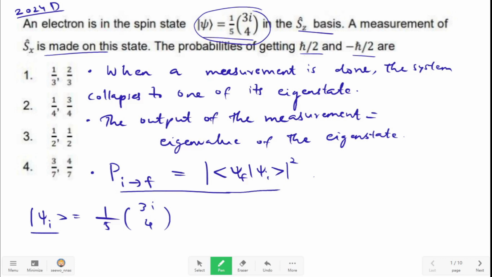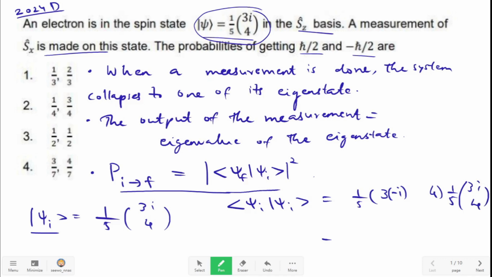So let's see if psi i is normalized or not. To check if a state is normalized, we take the inner product of it with itself. When we write bra psi i, we write it as a row vector: 1 by 5 times (3, minus i 4), replacing i by minus i, times 1 by 5 times (3, i4).